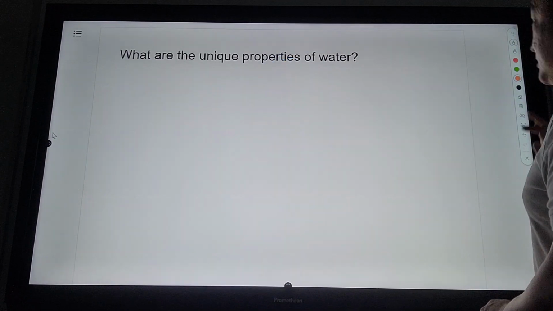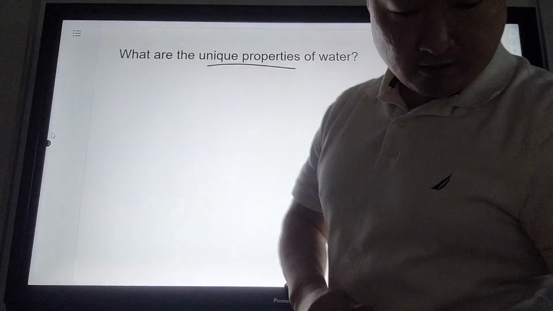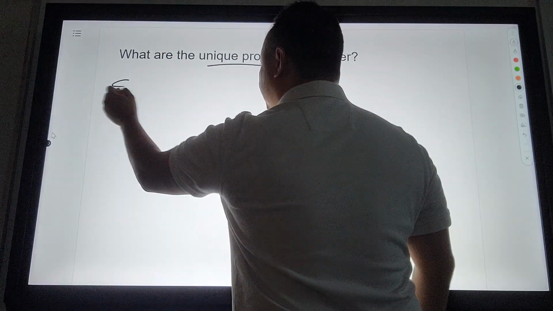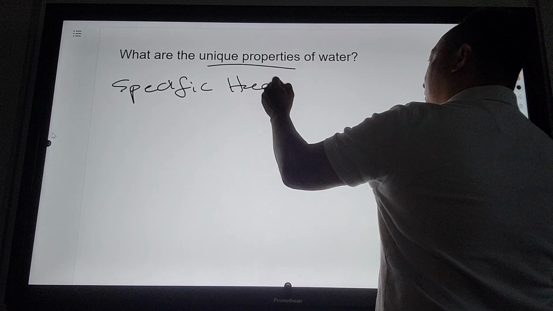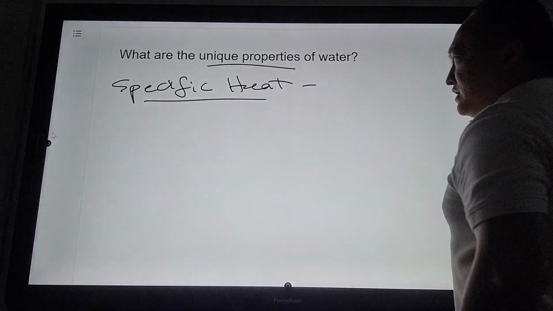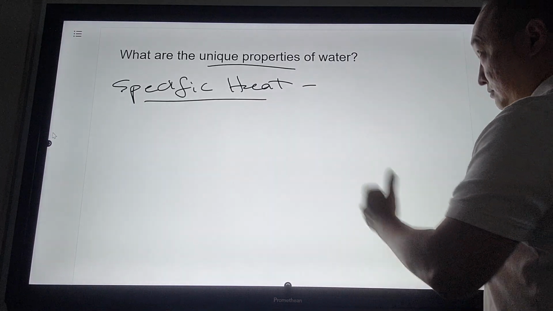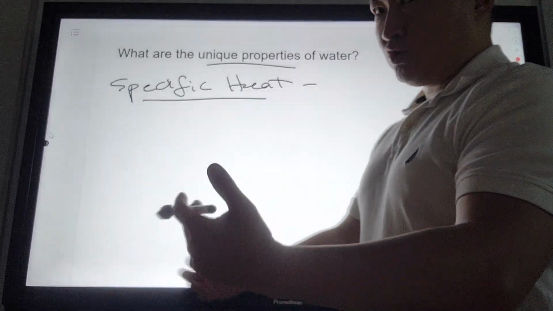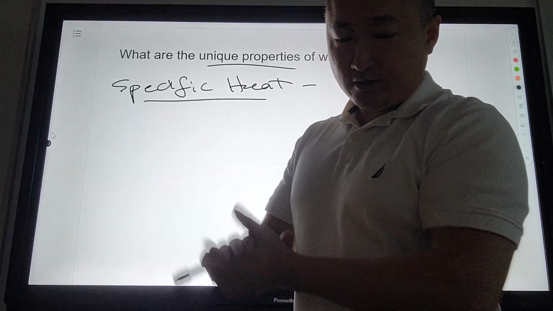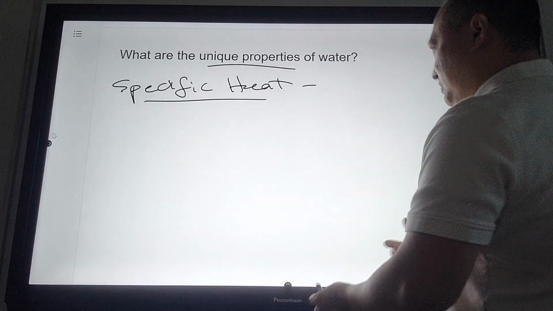Okay, so our next unique property of water is specific heat. Now, water has a high specific heat, which is the ability to absorb or lose heat energy without its temperature changing much.